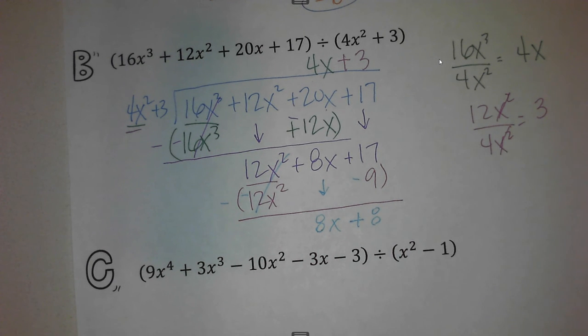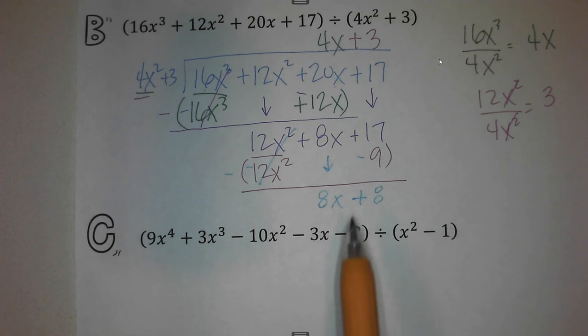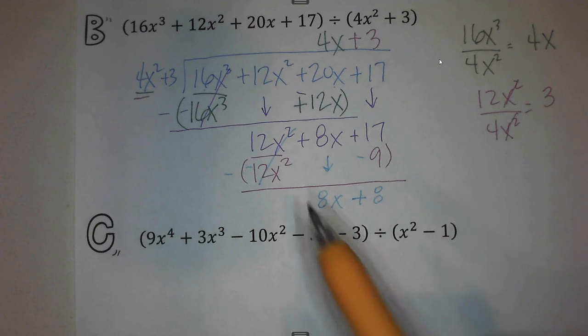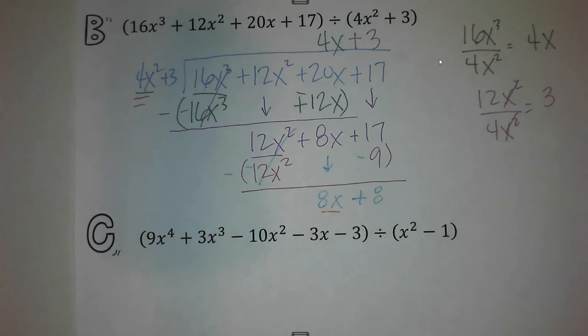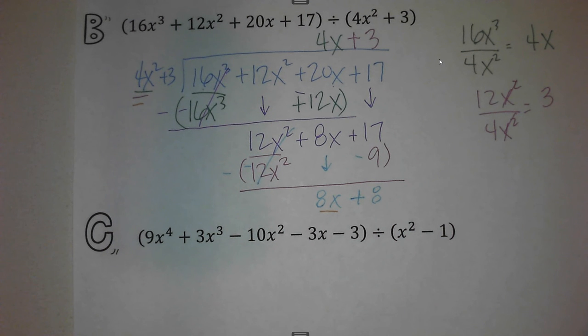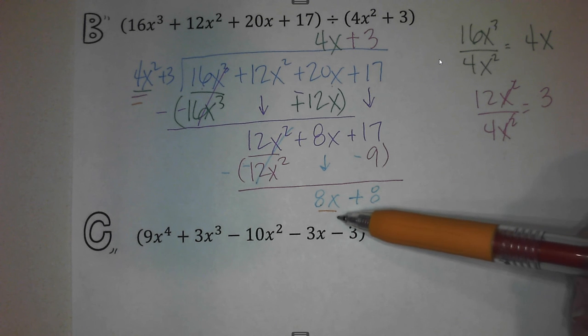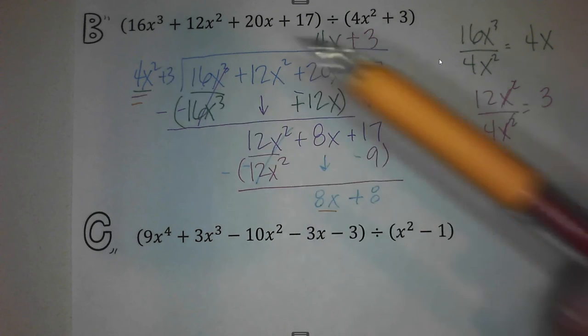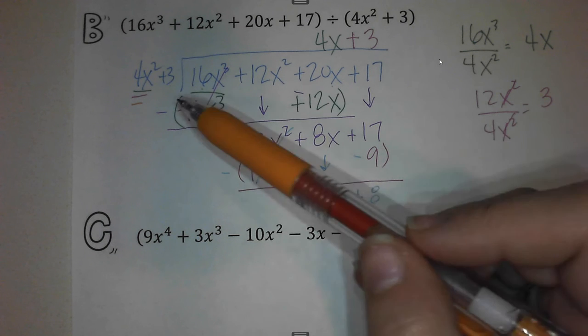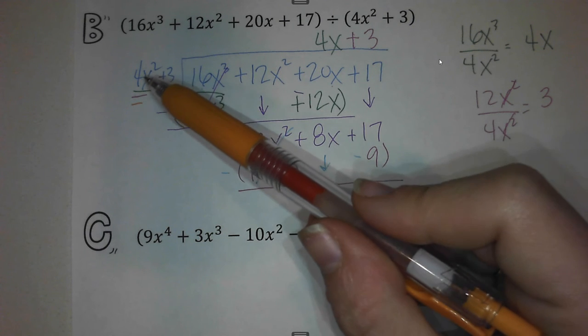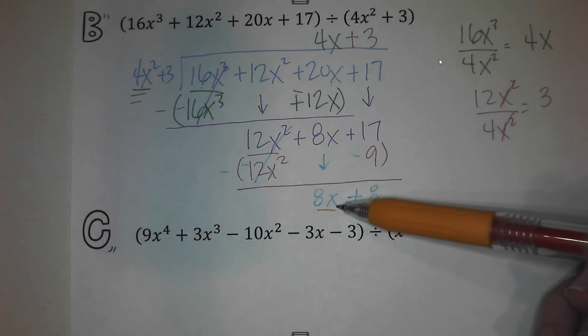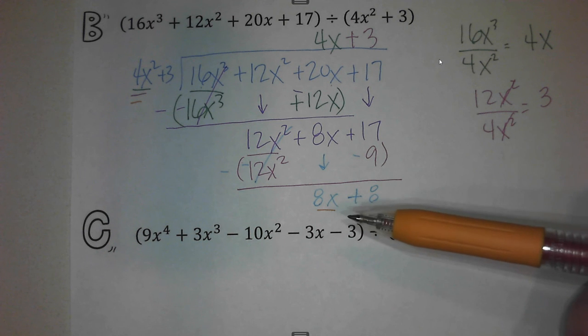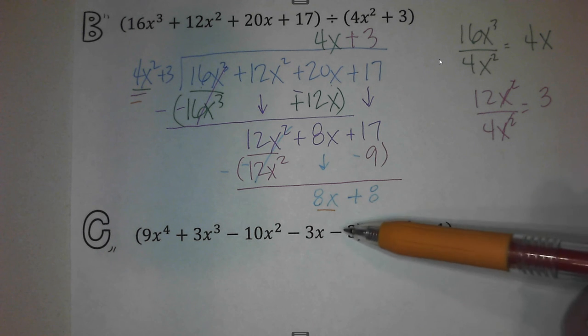All right, here is an interesting circumstance. This is why I wanted to do this one with you. We've got 8x divided by 4x squared. So when we get down to the point where the exponent is higher in the divisor than it is in the dividend, we're done.